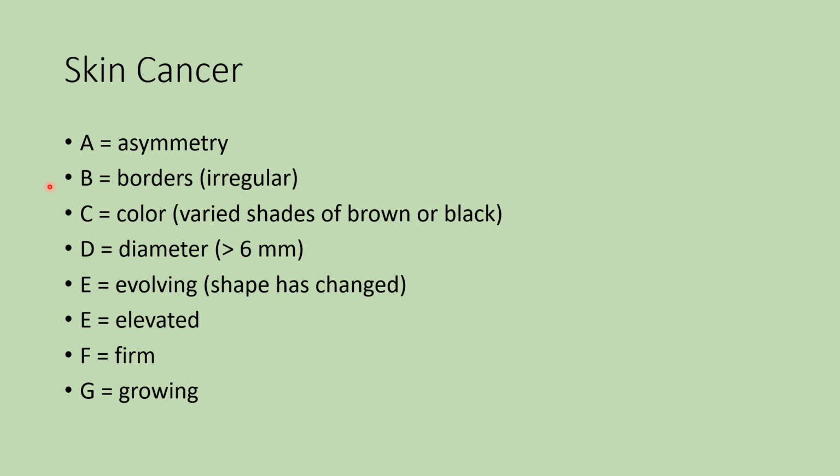If it's irregular, get it checked out. The color. If it's a dark brown, black, or if the color changes, get it checked out. Look at the size of it. If the diameter is greater than 6 millimeters, get it checked out.